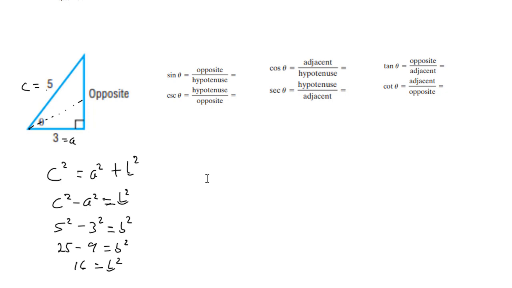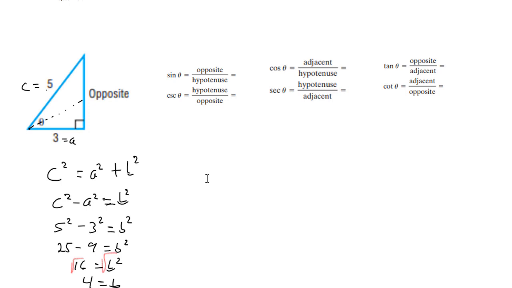How to cancel the second power? We can use the square root on both sides, and the square root of 16 is 4, and 4 equals b. Well, we have two possible answers, positive or negative, but we are talking about distance. Then we're going to use the positive sign of 4.